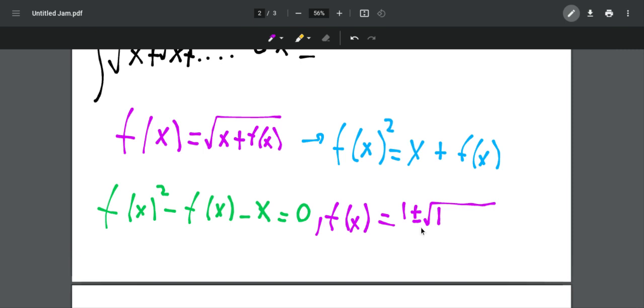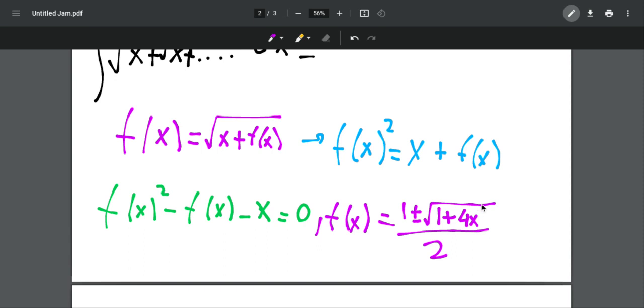When we say minus, in this case, our constant is not negative 1, it's negative x. So if we simplify it, we get 1 plus or minus the square root of 1 plus 4x, and then divided by 2a, which is just 2.